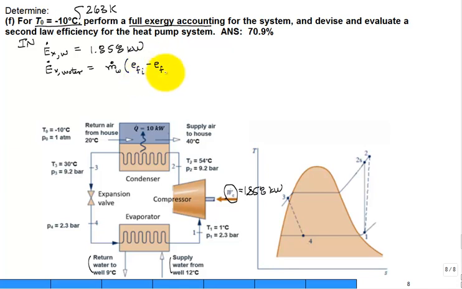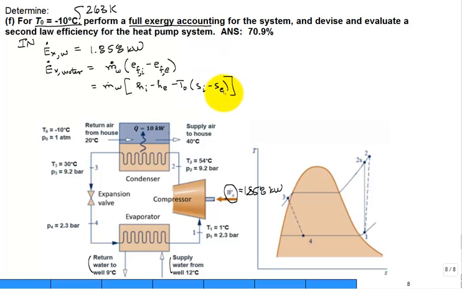So inlet and exit flow exergies for that water. How do I calculate the change in the flow exergy? Well, it would be the enthalpy in minus the enthalpy exit, minus T naught times the entropy in minus the entropy exit.